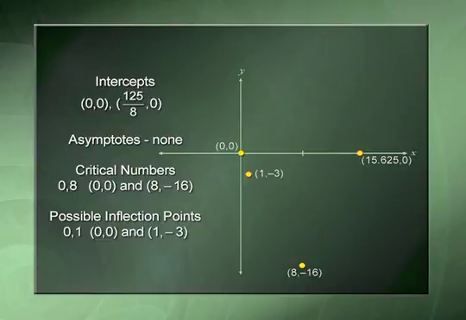The two intercepts are at 0 and 15.625, and then we have the 8, minus 16 and the 1, minus 3 as the possible critical number and a possible inflection point. Good. That's not the graph, obviously. We have some more work to do, don't we? But at least we have a piece of the graph. We have some information without doing much thinking.